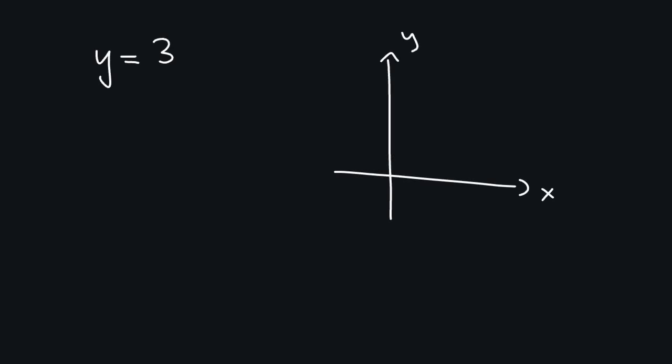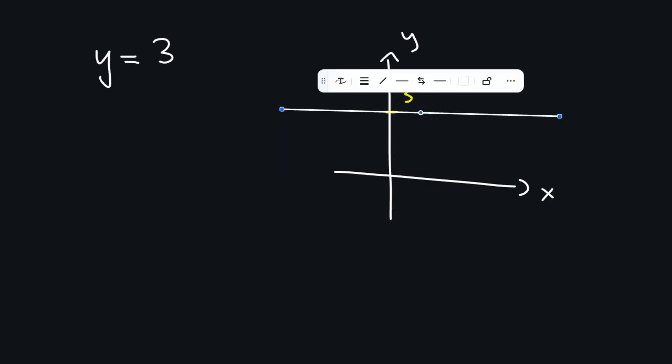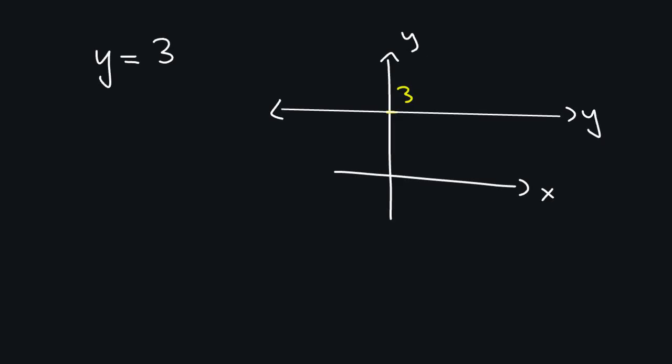If I have y equals 3 here, and make a horizontal line something like this, that's the only way that I have y equals 3. So you see that I have points on the graph, and for all the points y is 3. X could change, but y is always 3. So that's the graph of y equals 3.